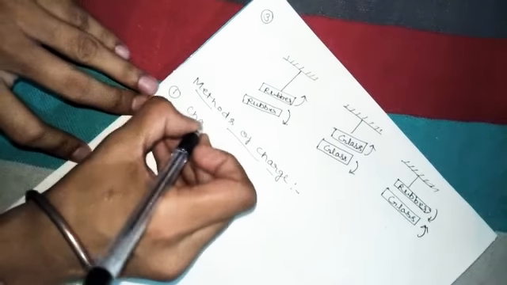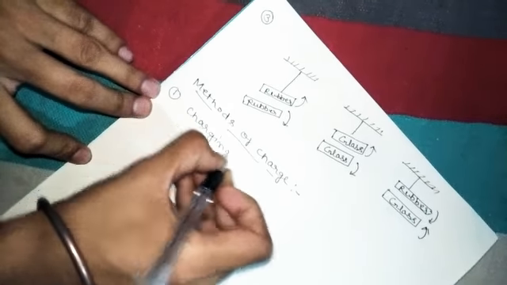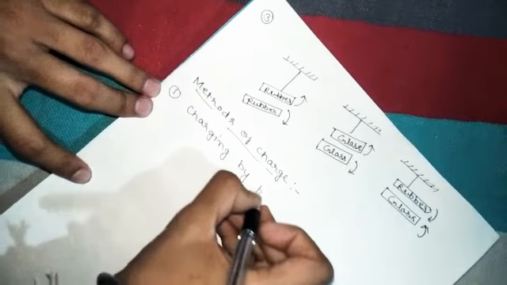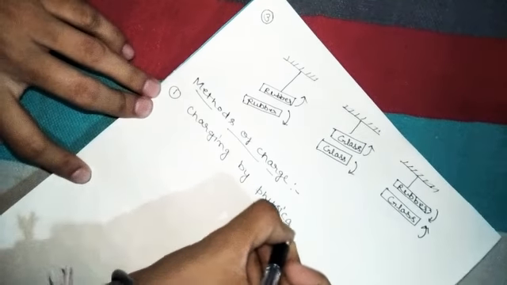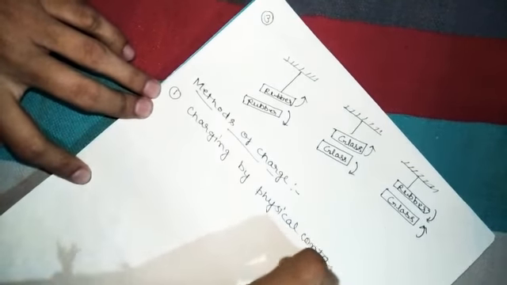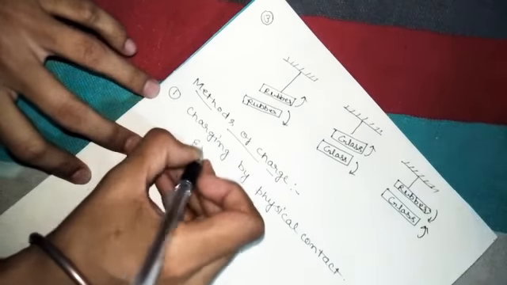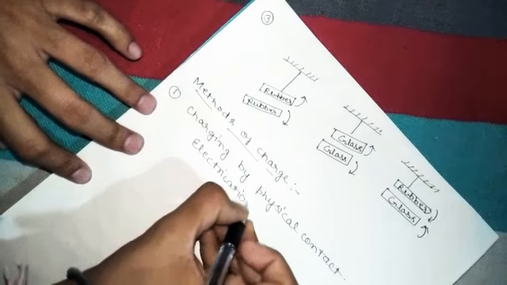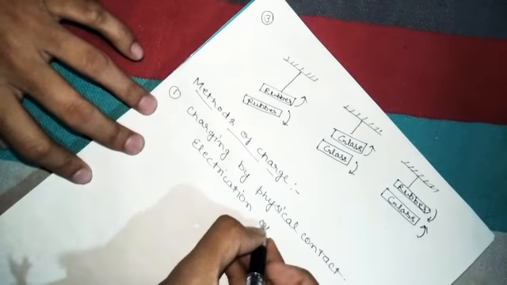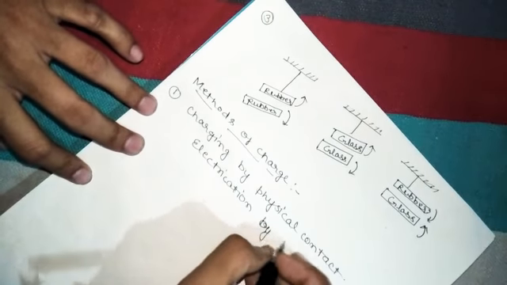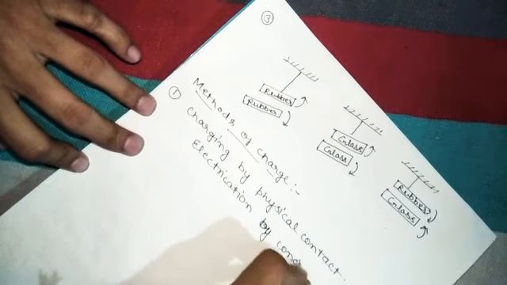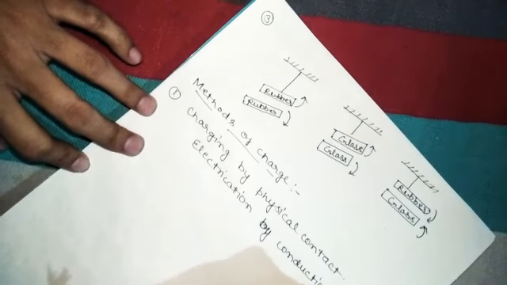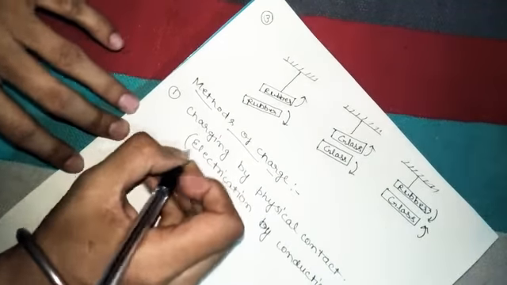The first one is charging by physical contact. This is also called electrification by conduction.